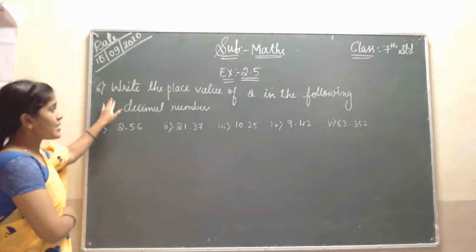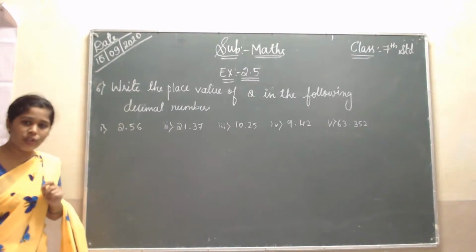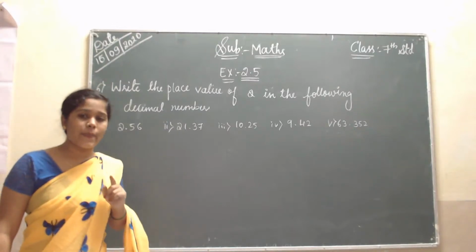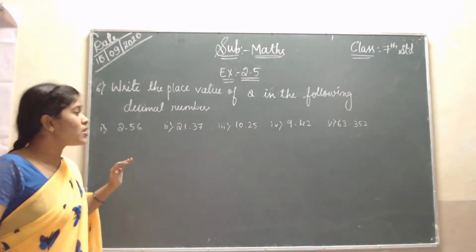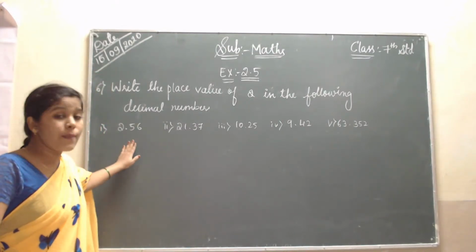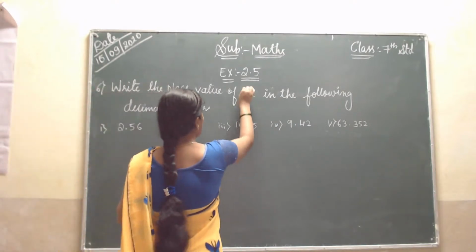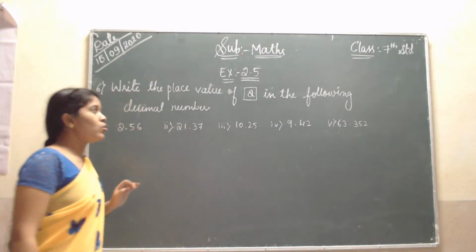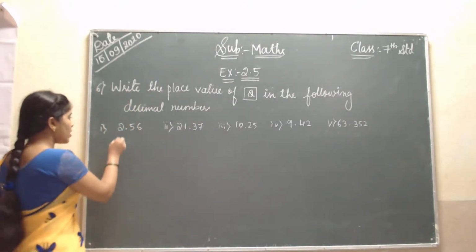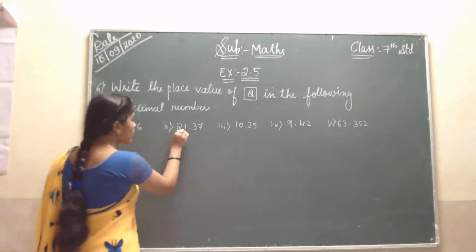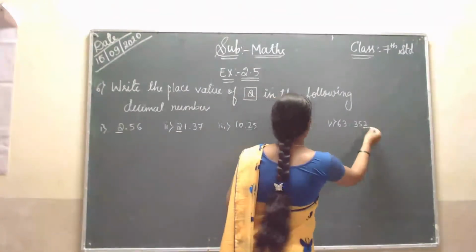See here, what have they given? The question says write the place value of 2. We have already learned what a place value is and how to find it. We are not looking at all the place values; in the question they mentioned that particular digit, 2. See here, this is 2, here 2, here 2, here and here.